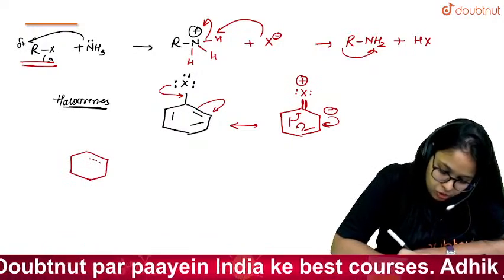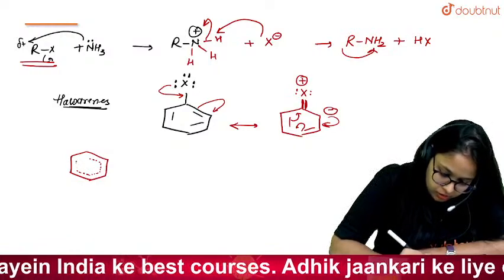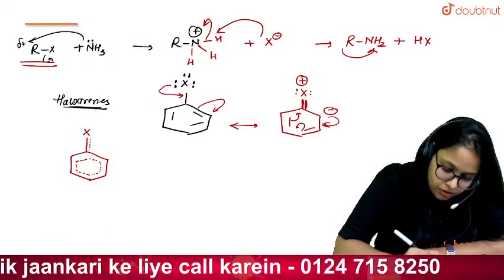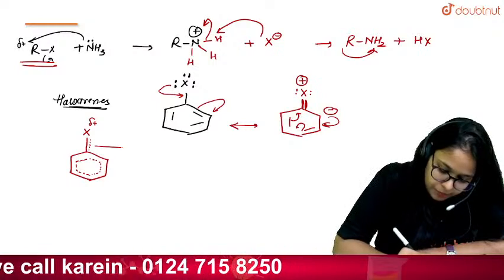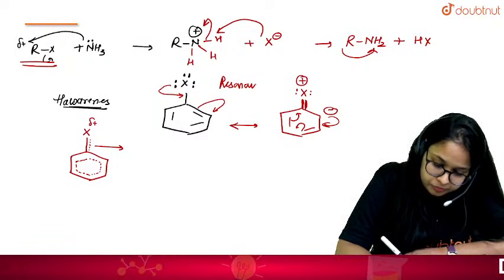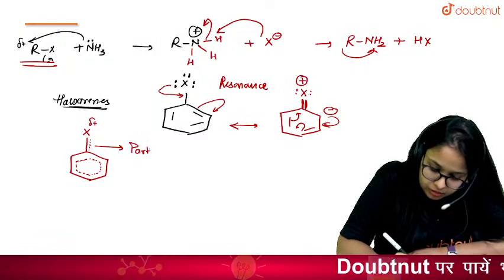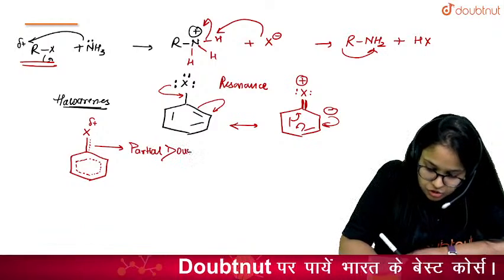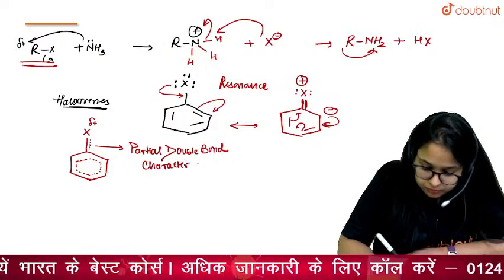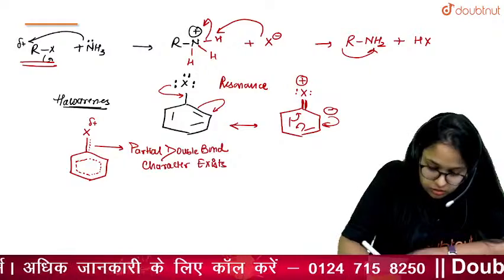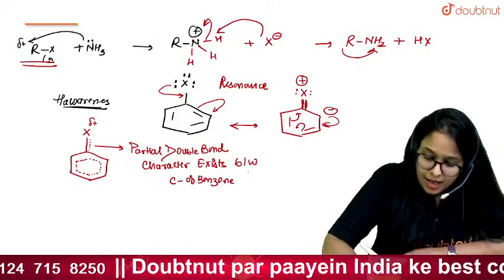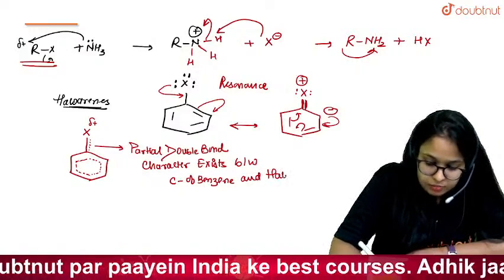In the hybrid structure you show all the types of the bond, and we also have one partial positive charge. That's here. In haloarenes, due to resonance, partial double bond character exists between the carbon of benzene and the halogen atom.